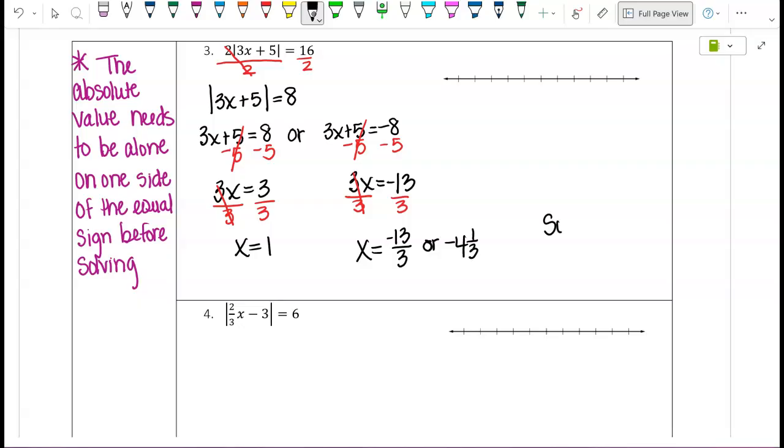So our solution, I'm actually going to use the improper fraction. So I'm going to do 1, -13/3. Now we need to graph. So again, 1, I marked +1, and then -4 and 1/3.